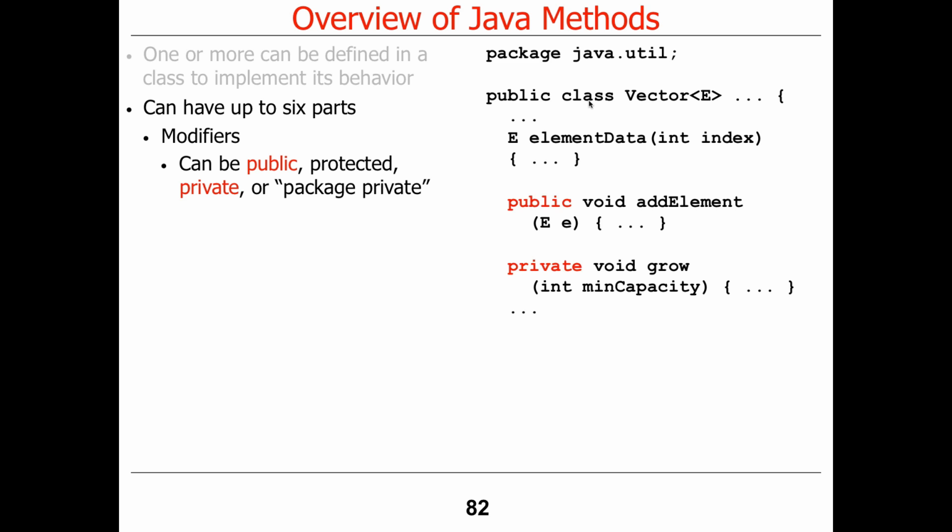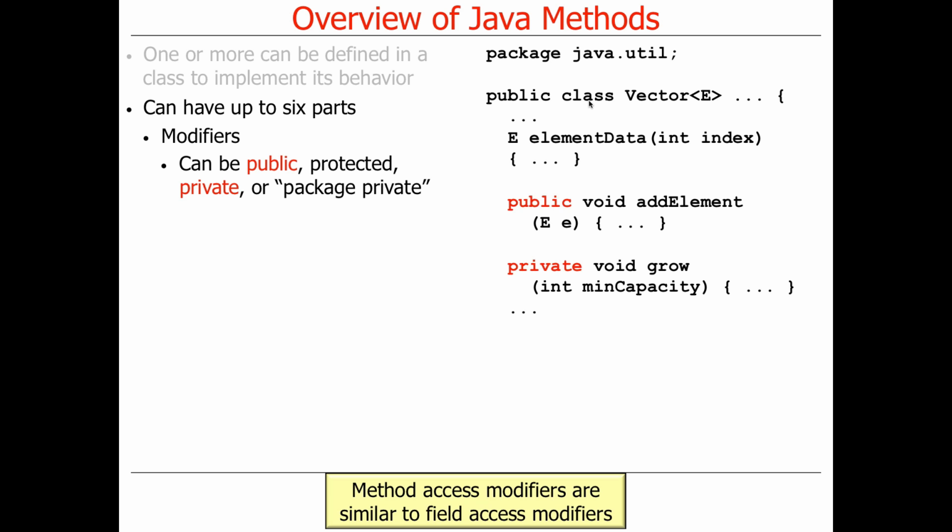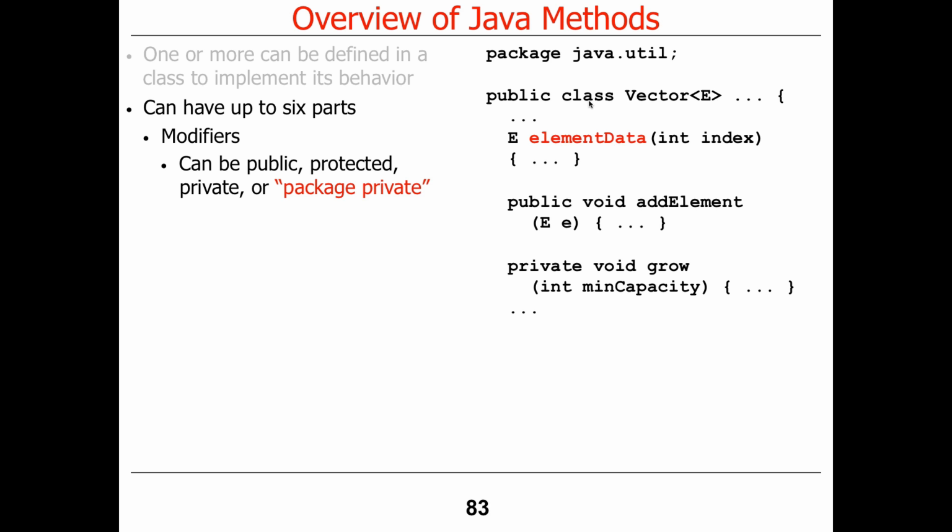Here are the different parts. They can have modifiers, just like data members can. You can have public and private methods, which have the basic meaning that you'd expect. You can also have package private methods. And you can actually have package private data too, but you should typically have private data as a good rule of thumb.